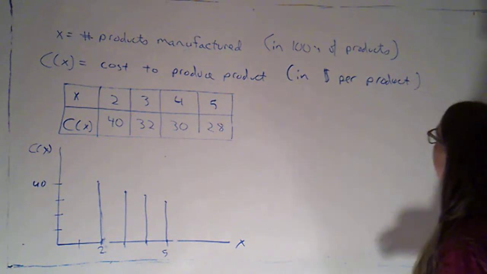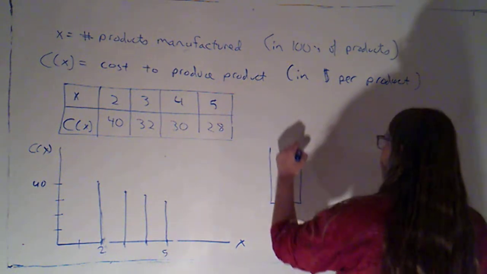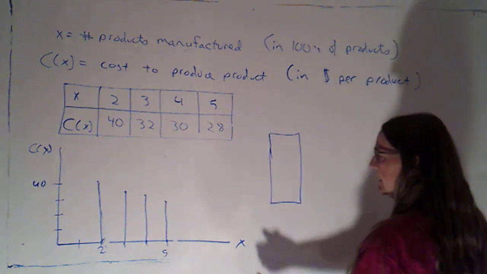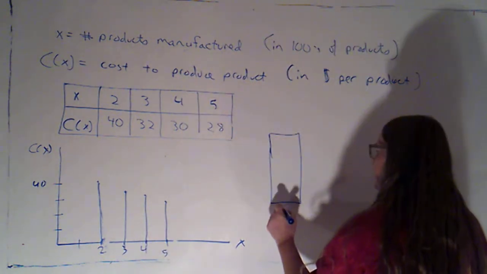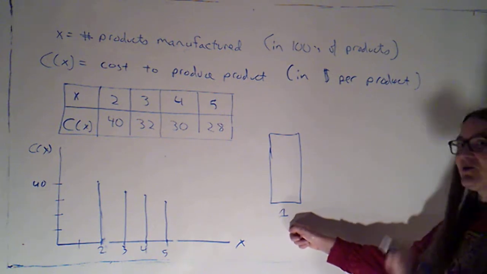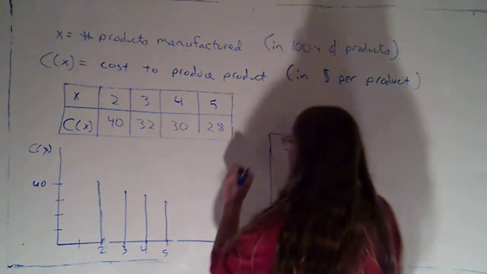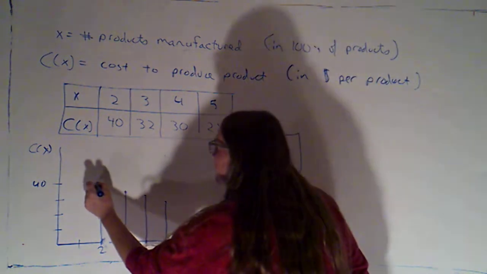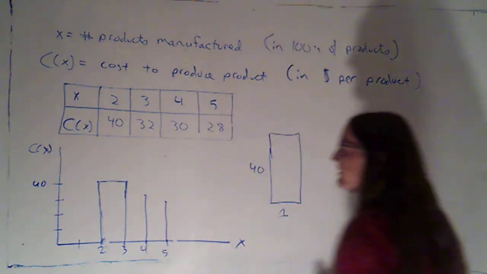And we were told to use left endpoints, so I'm going to draw a picture of each rectangle that I get. Now this is going from 3 to 4. So the base is just 1, although I know that that 1 represents 100 products. If I'm using left endpoints, my height here is going to be 40. So I'll extend that height across this interval and then finish off that wall.